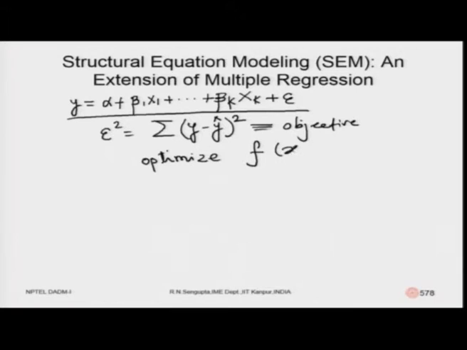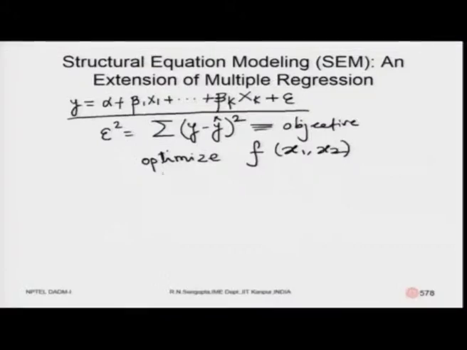So, f of x1, x2. For the time being, consider that the random variables we are going to consider in order to minimize or optimize consist of 2 random variables, because it will be easier for me to draw, that is the only reason. In higher dimensions it can be done accordingly.